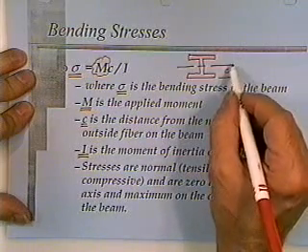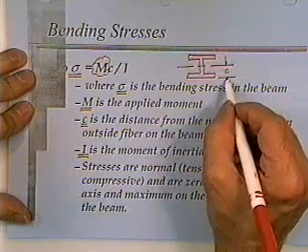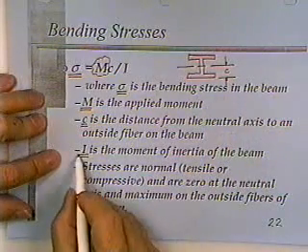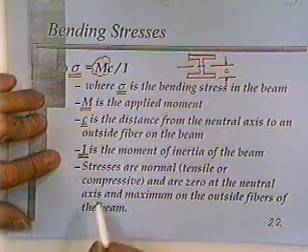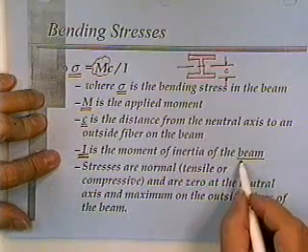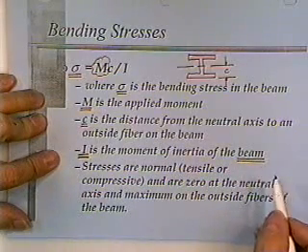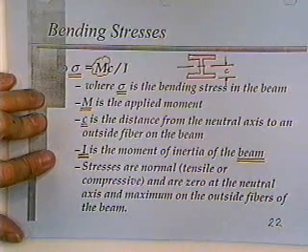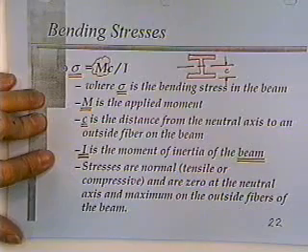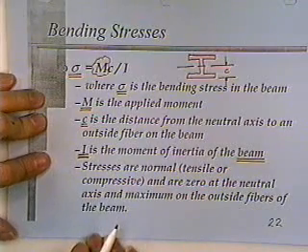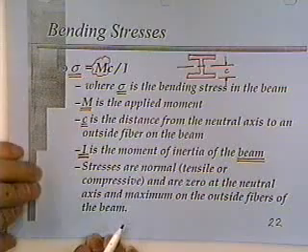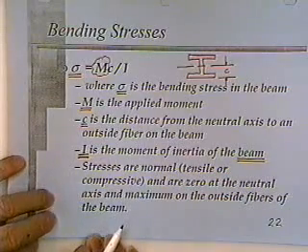This is the distance C. How far is it from the neutral axis to an outside fiber? And then I is the moment of inertia of that beam. By the same token, you would not compute I for a standard rolled steel shape, you'd pull it out of the tables. And you should definitely take a pretty good set of tables in with you. Probably the AISC handbook is what you need, because they're all in there.